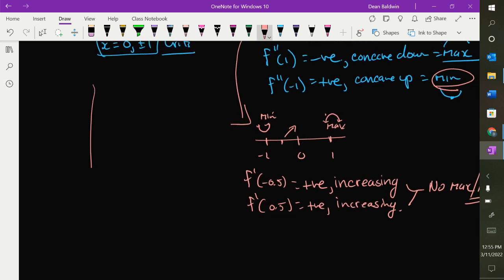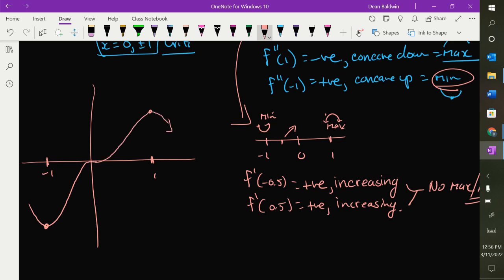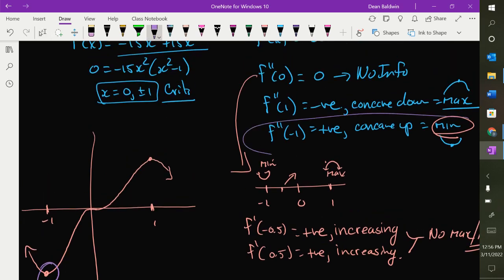So the graph of this function, I don't expect you to know it yet, looks like this. Negative 1, positive 1. Graph looks like this. And then the polynomial spins off. But you can see there's your minimum, which we got right there.